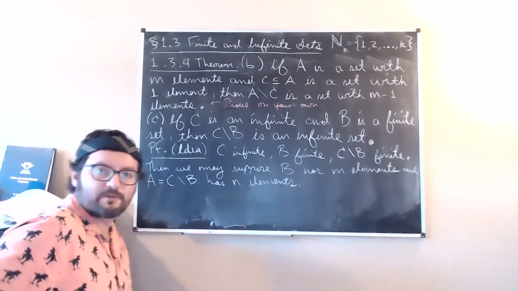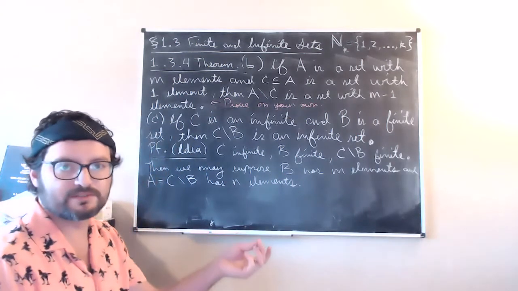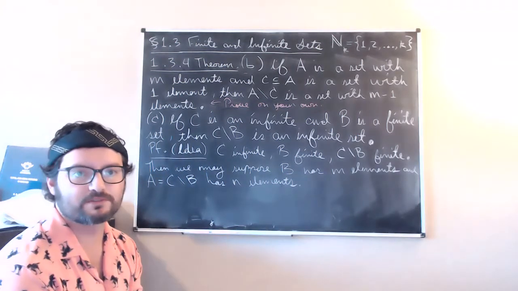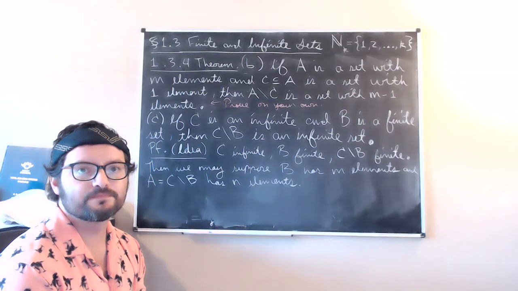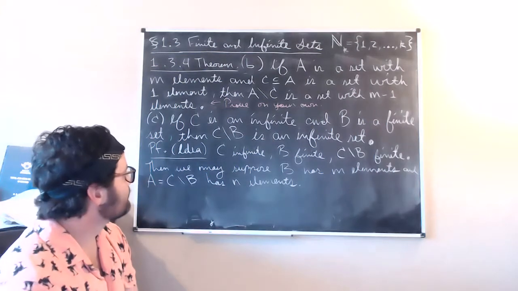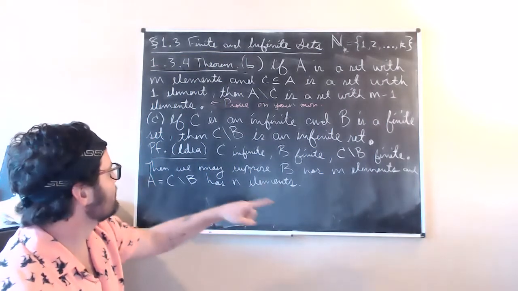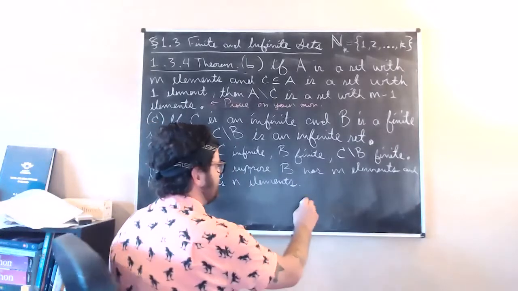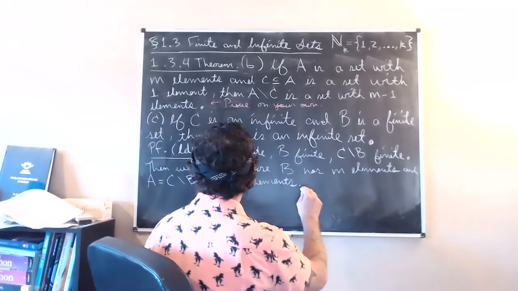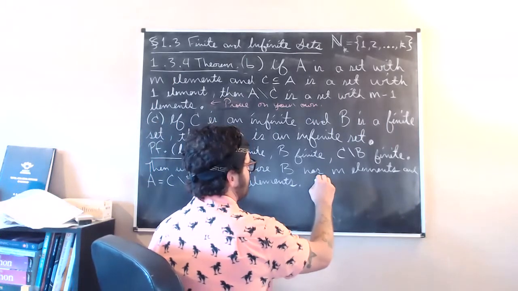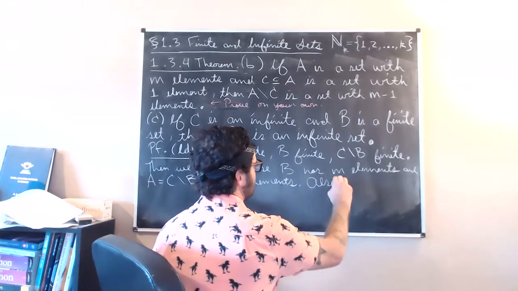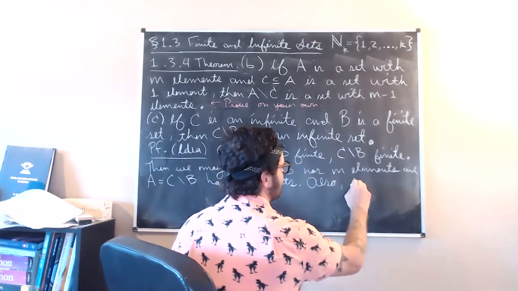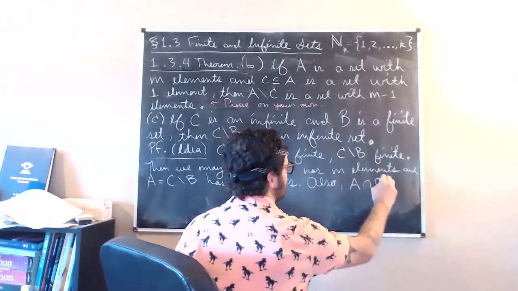Right? Like if they're finite, then there is some number that we can associate with them, the number of elements, correct? So B has M elements, A has N elements, and also, what's the intersection of A and B?